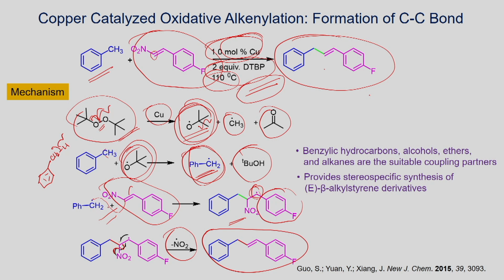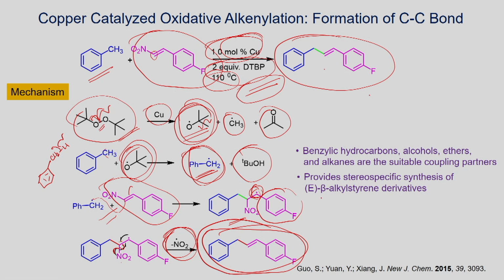This radical can readily react with the alkene to give the benzyl radical. Once you have the benzyl radical, it can convert into this alkene derivative by homolytic cleavage of this carbon-nitrogen bond, which leads to the formation of the NO2 radical.